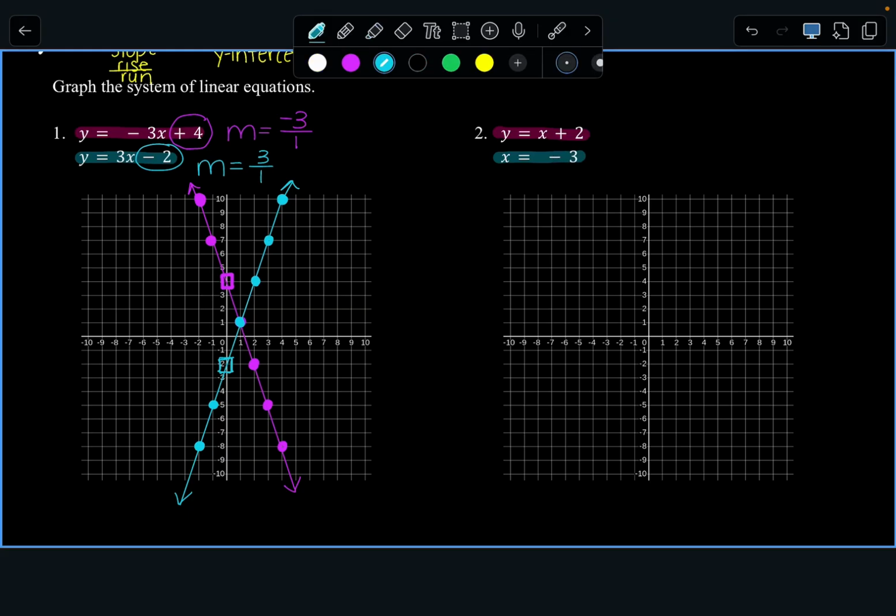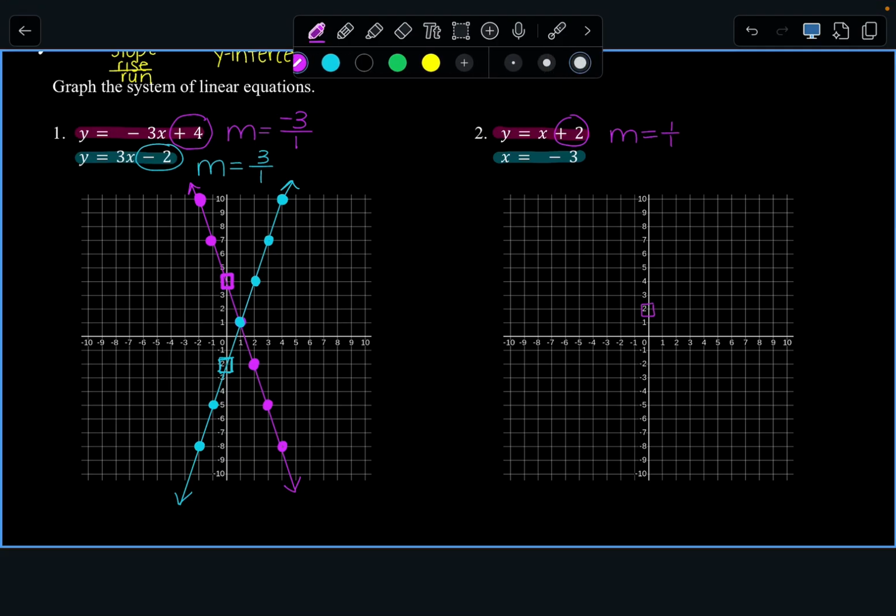So for the top one, it's already in y equals mx plus b. This is starting at a positive 2. Since there's nothing in front of x, it's like having a 1 in front of x. So that's like 1 over 1.